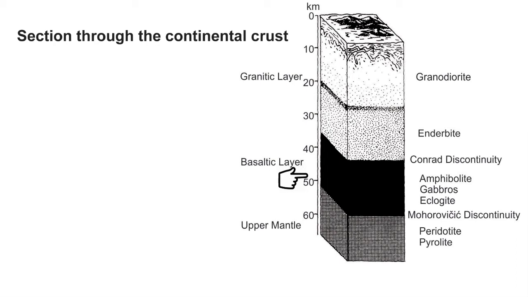That is the basaltic layer. So the upper continental granitic crust is underlain by a basaltic layer separated by a Conrad discontinuity. The crust overall, combining the granitic layer and the basaltic layer, is separated from the mantle by the Mohorovičić discontinuity.